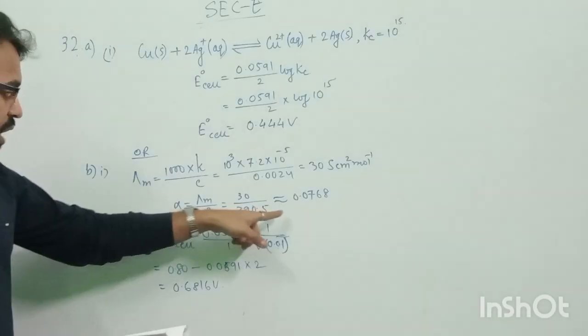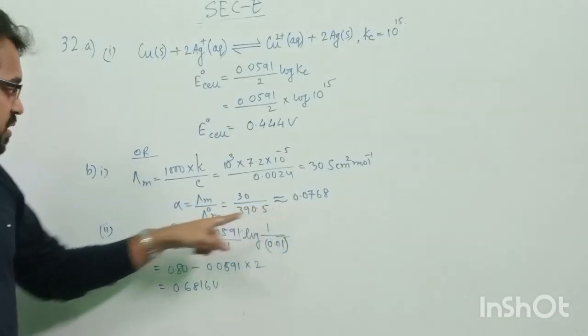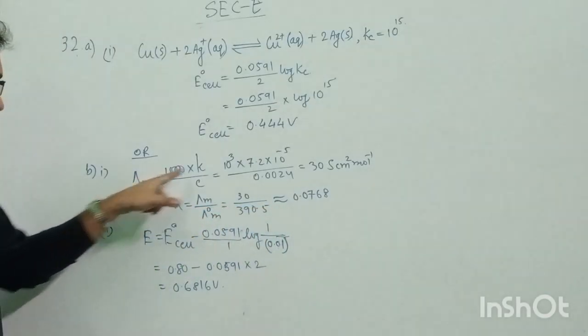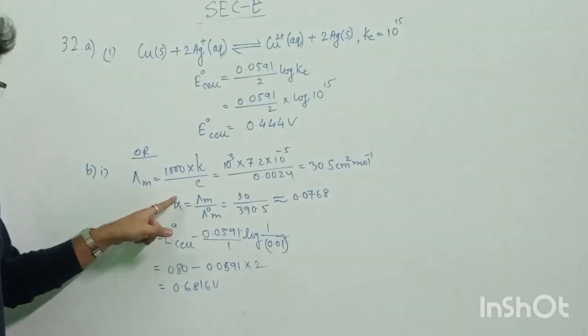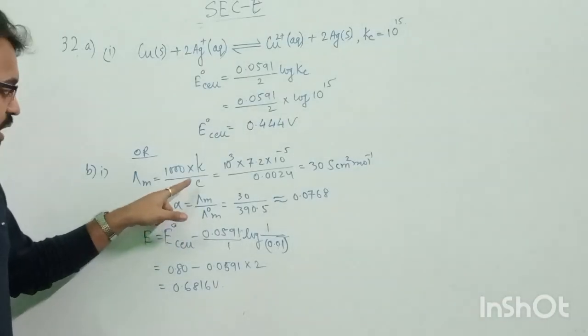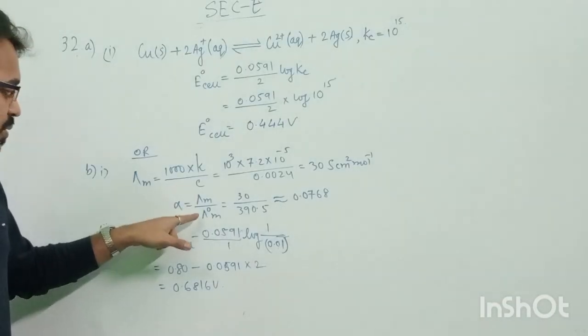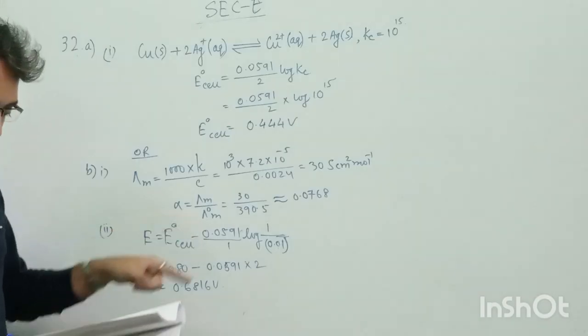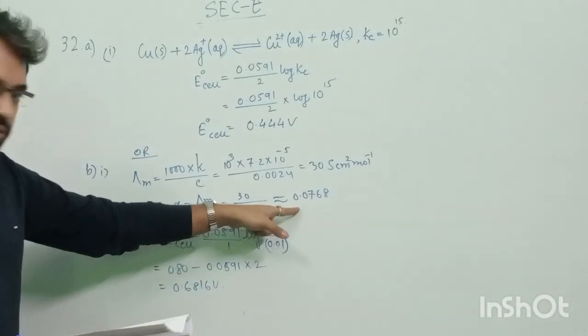They are asking for alpha, which is 0.0768. We can get the molar conductivity first, and then the degree of dissociation formula: molar conductivity at any concentration divided by molar conductivity at infinite dilution, which is provided. So we get this value of alpha.